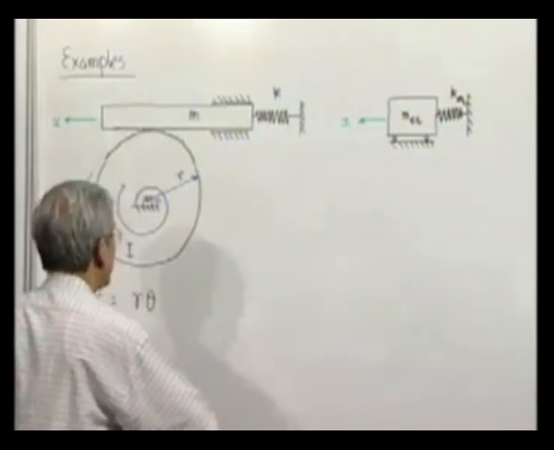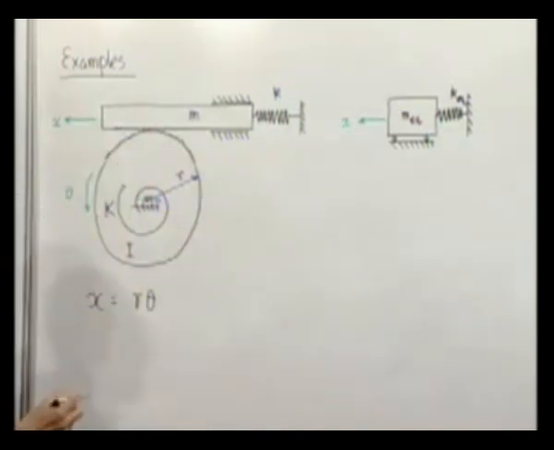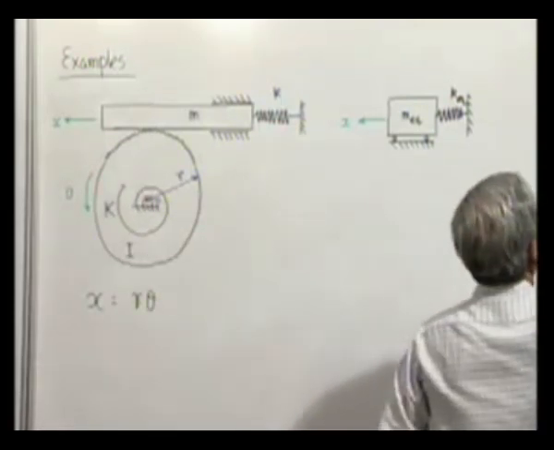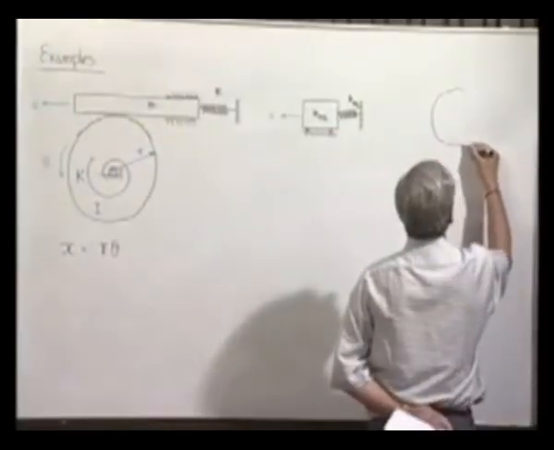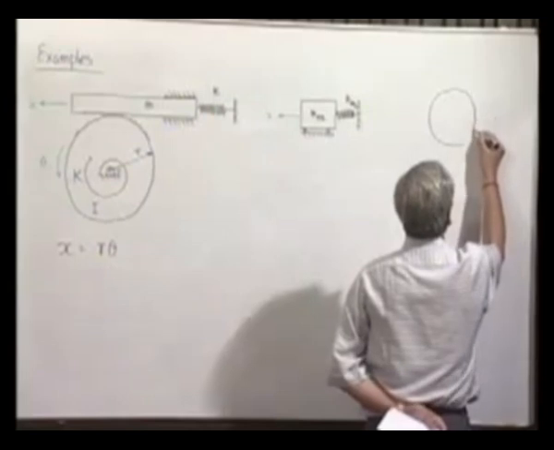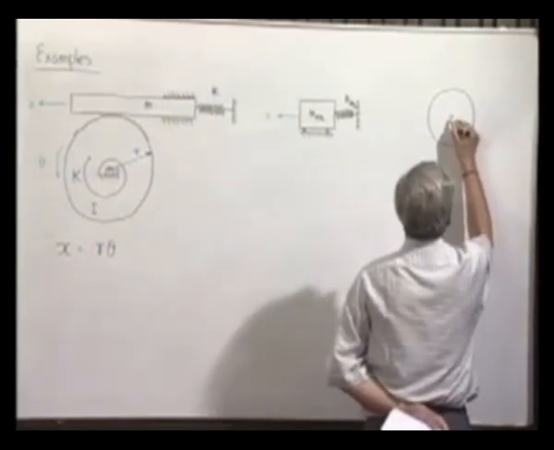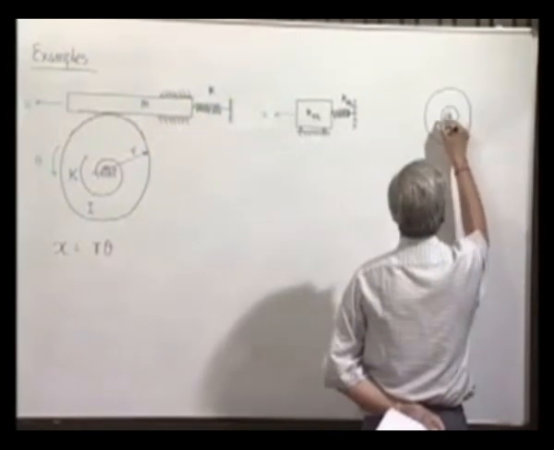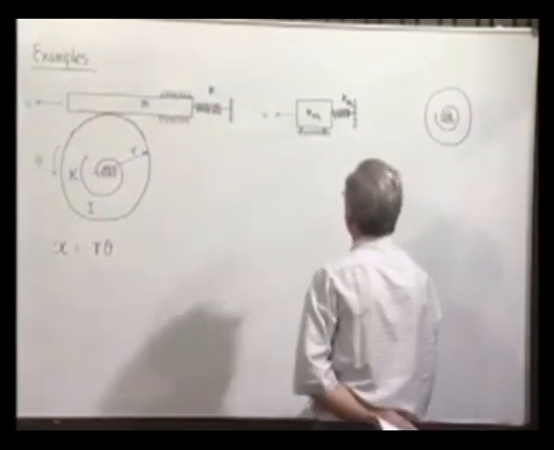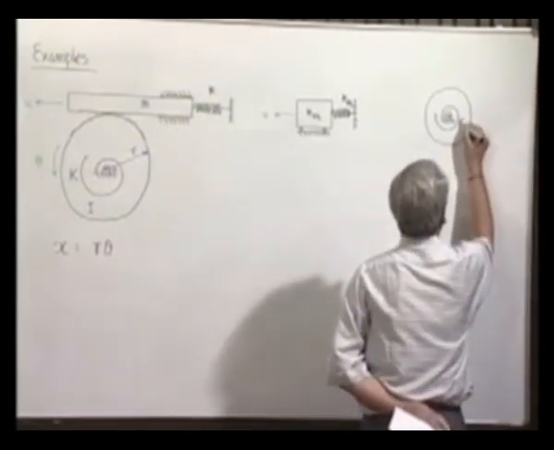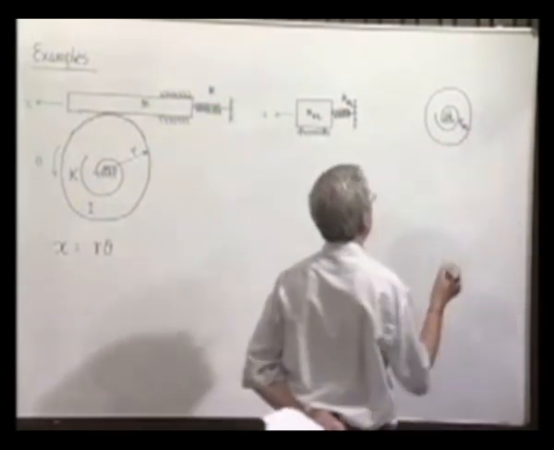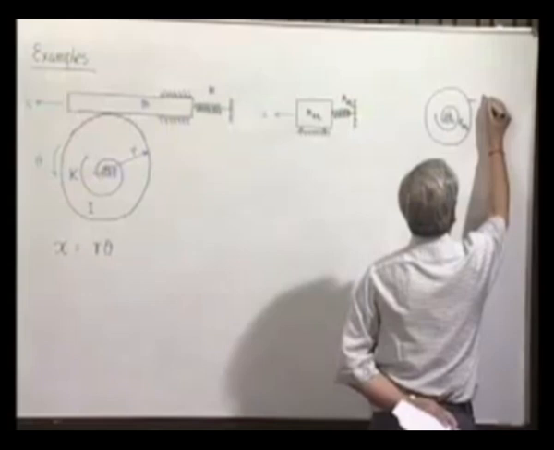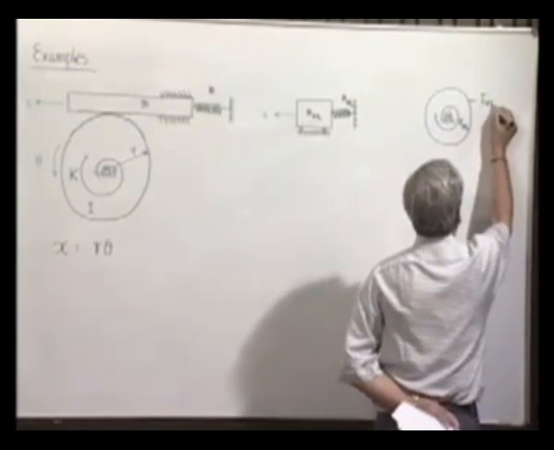Now, one may ask, why take that as the primary body? We can take a rotation and we can represent the equivalent system to be a rotating system, connected by a torsional spring capital K equivalent, and the moment of inertia of this is I equivalent.